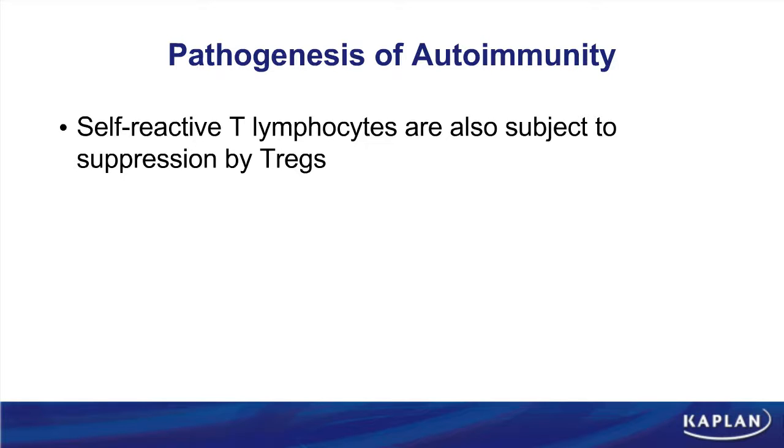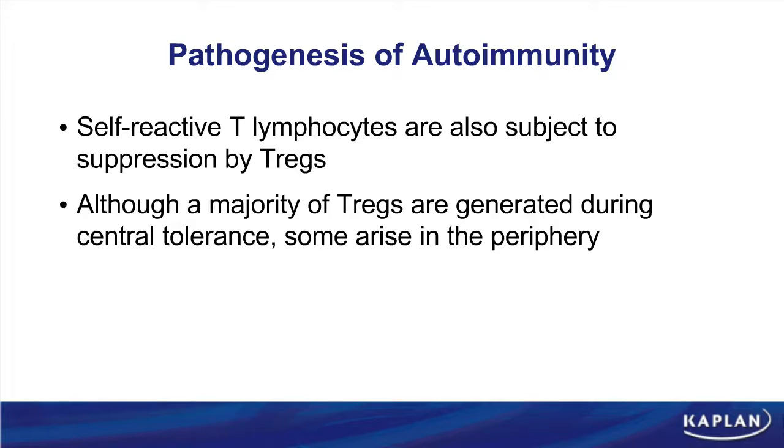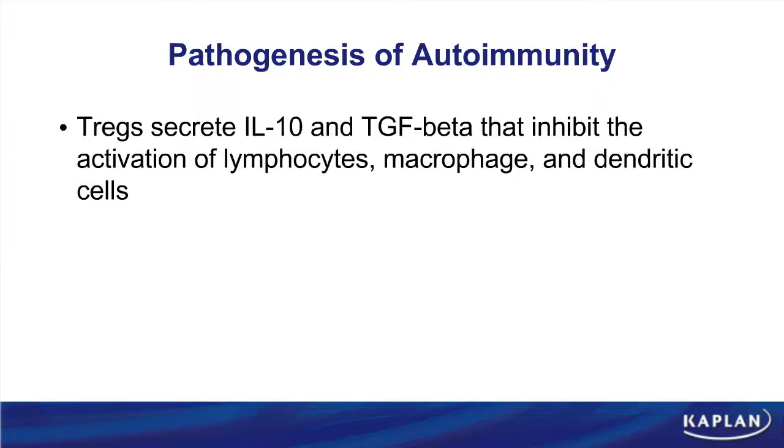A lot of these are generated during selection. Remember, as a last resort, if a T cell doesn't pass selection, it has one last chance to survive, and that's to become a regulatory T cell. But some can also arise in the periphery as well. And these are really important in helping to maintain proper homeostasis and prevent autoimmune disease.